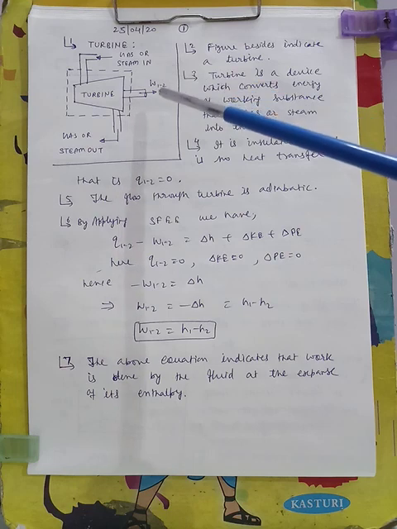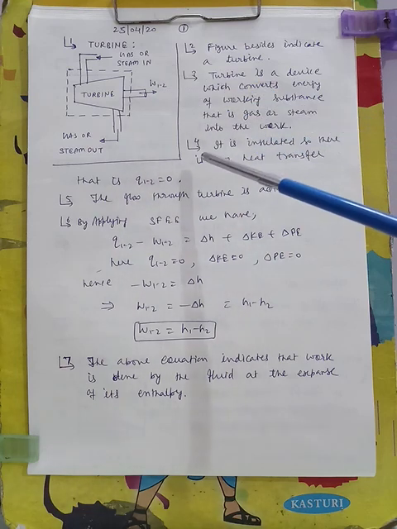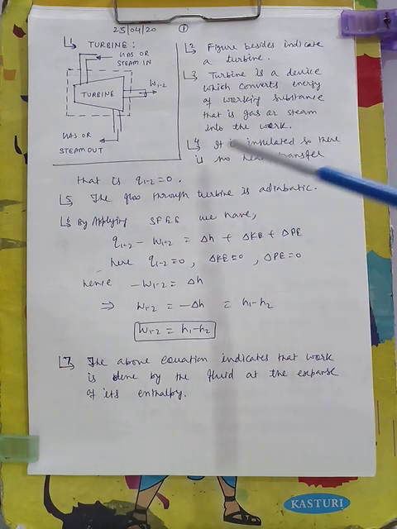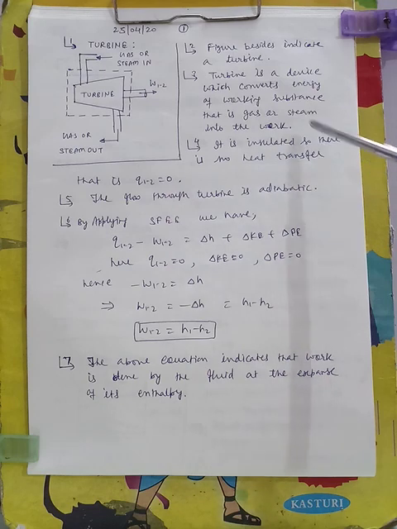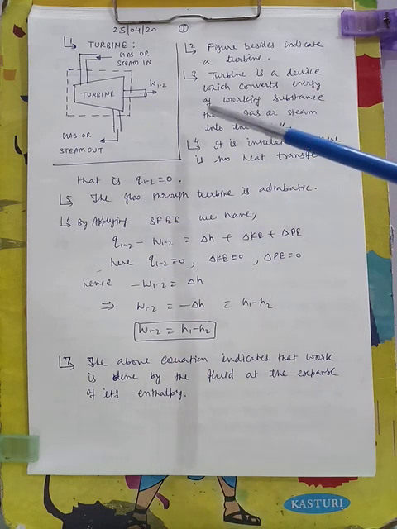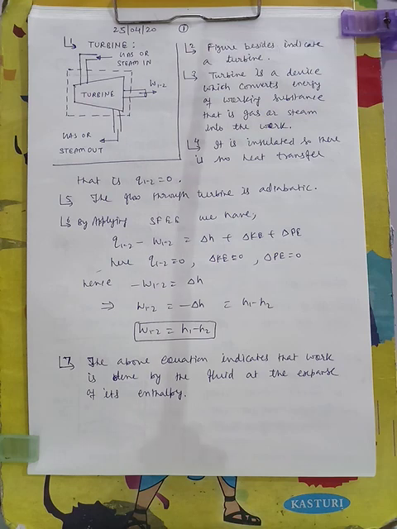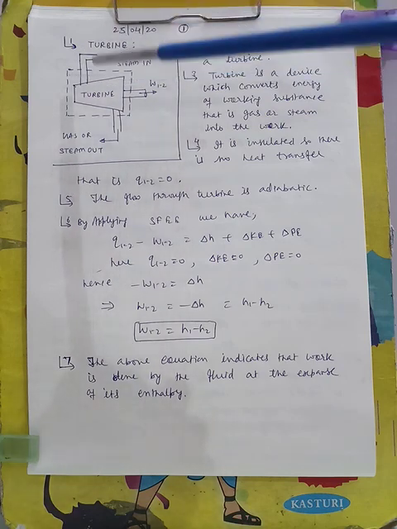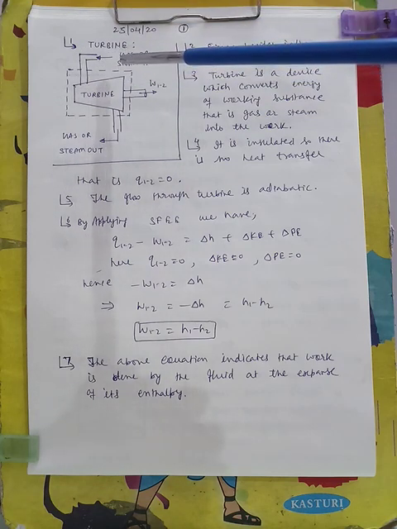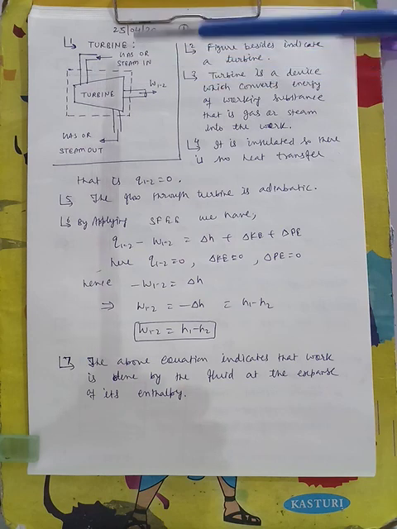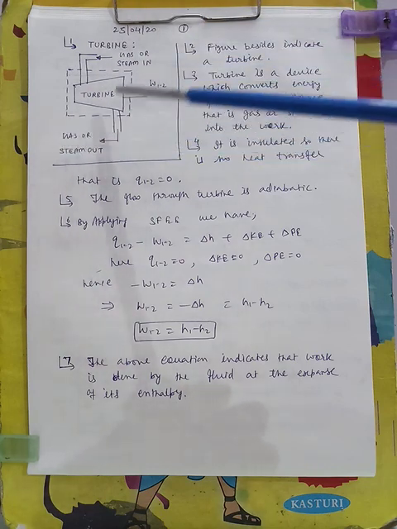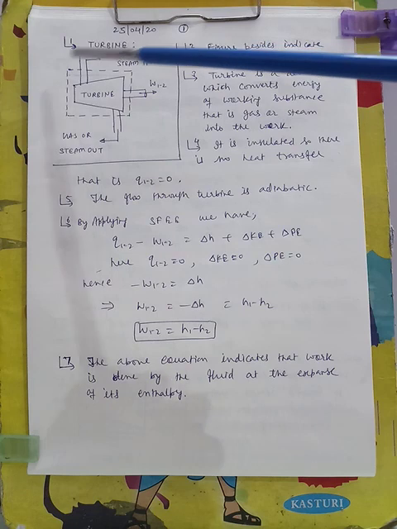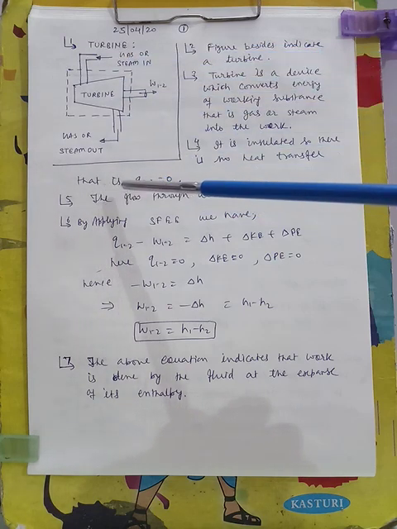This rotation of shaft, it is insulated, so there is no heat transfer. As I have already told, the turbine system is insulated, so there is no transfer of heat into the turbine and out from the turbine. So here in this system we have Q12 equal to 0.